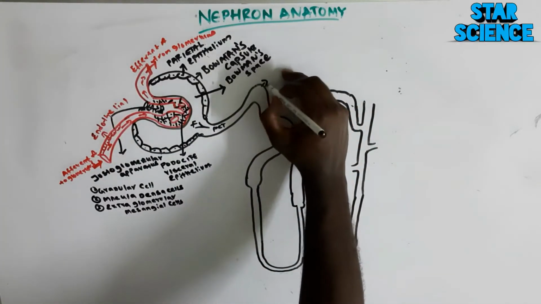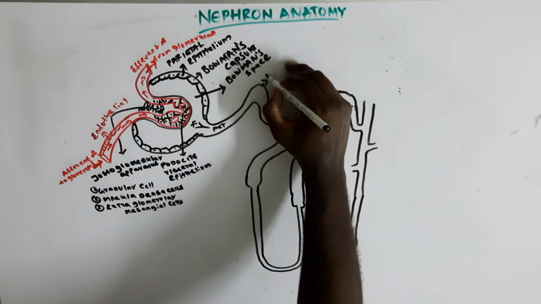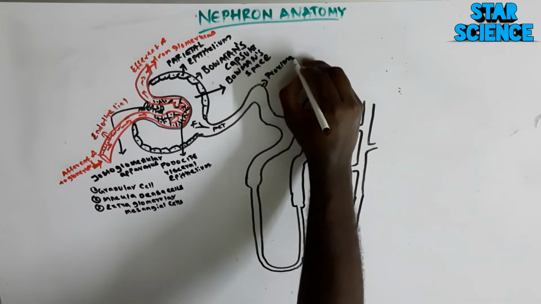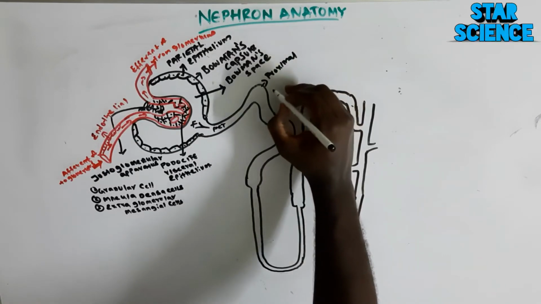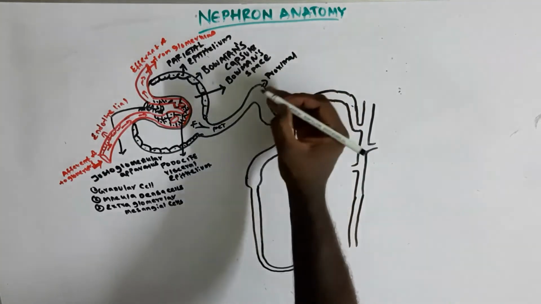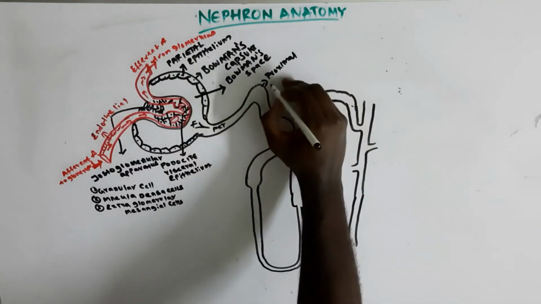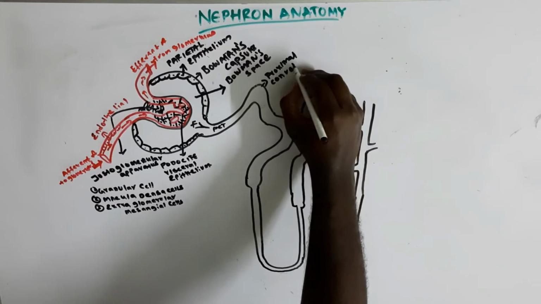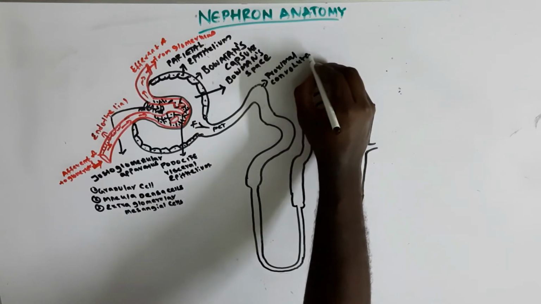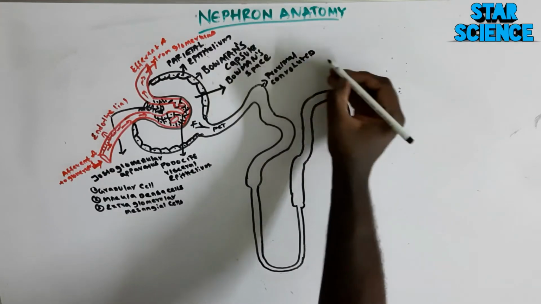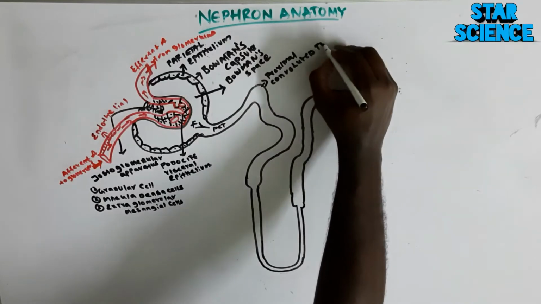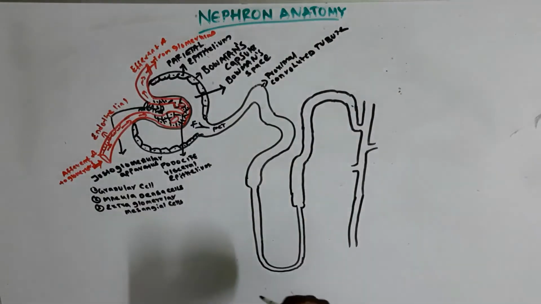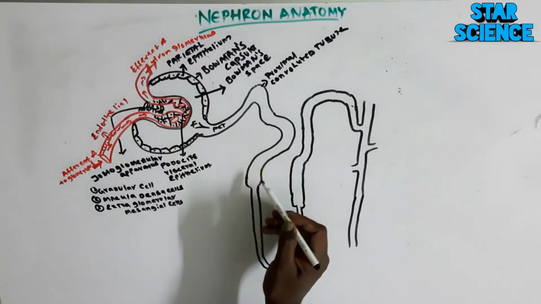And right now I'm writing about the PCT, the proximal convoluted tubules, and we have to know the filtered content. We'll see that later in our lecture, but right now we are going through the parts. The proximal convoluted tubule is followed by continuity of the descending loop of Henle.